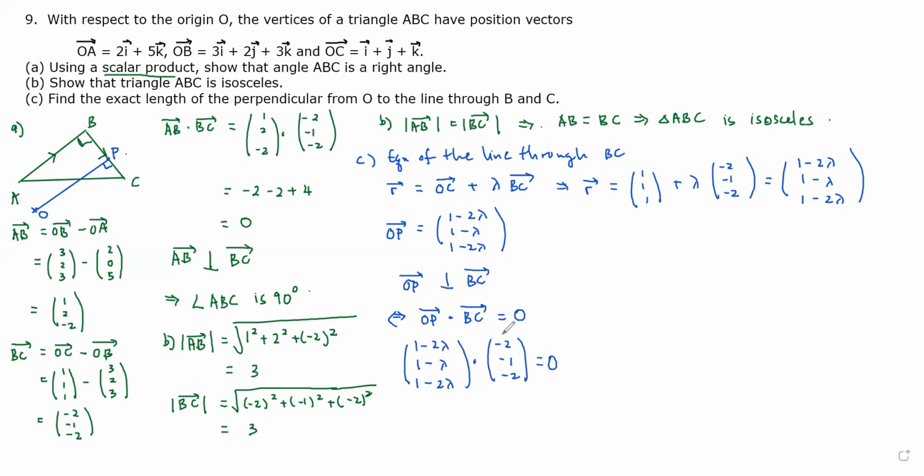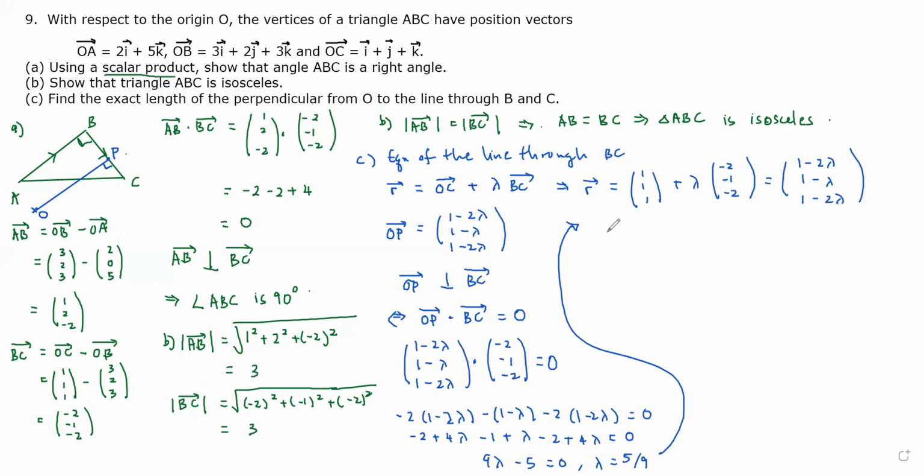To find the scalar product, we have negative 2 times 1 minus 2 lambda, minus 1 minus lambda, minus 2 times 1 minus 2 lambda. This is set to 0. Then we have minus 2 plus 4 lambda, minus 1 plus lambda, minus 2 plus 4 lambda equals 0. Collecting like terms, we have 9 lambda minus 5 equals 0. So lambda is 5/9.